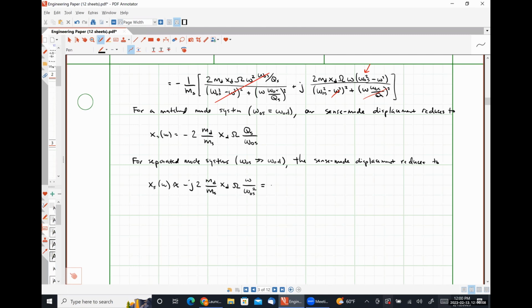So this will be negative j twice MD XD capital omega lowercase omega divided by K sub S. And it makes it obvious that if we want to see a large sense mode displacement, we need both a large drive mode displacement and soft springs in our sense mode.